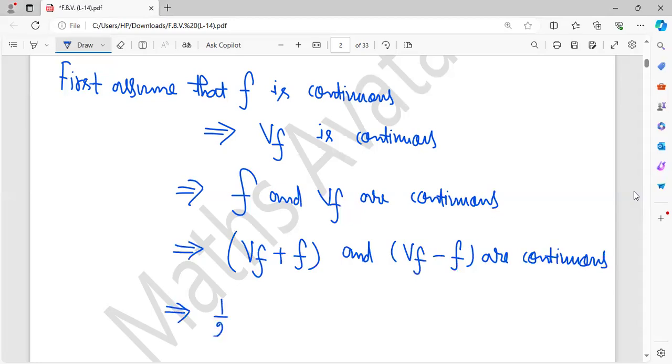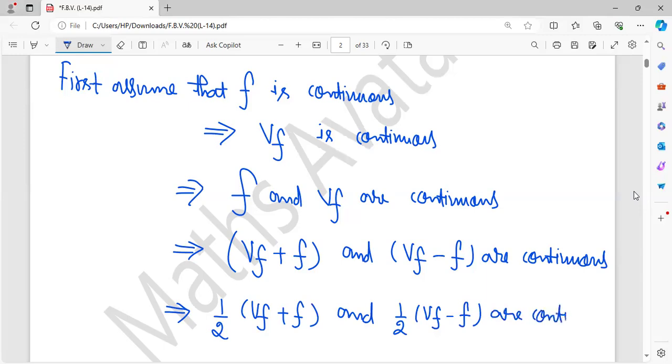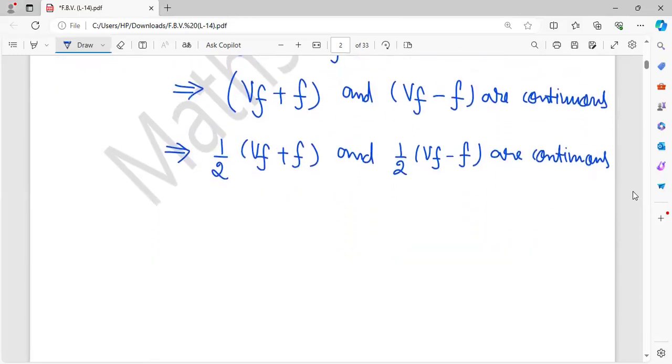So this implies 1/2 (BF + F) and 1/2 (BF - F) are continuous. But 1/2 (BF + F) is nothing but P, and this is equal to Q. So this implies P and Q are continuous.